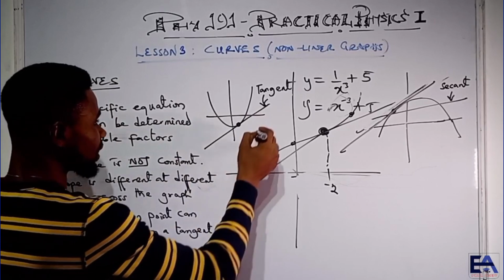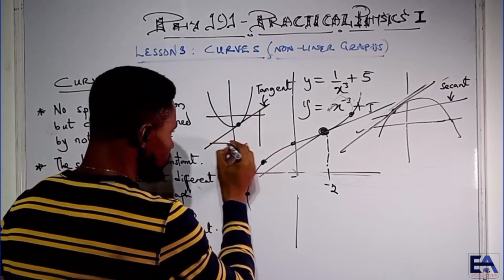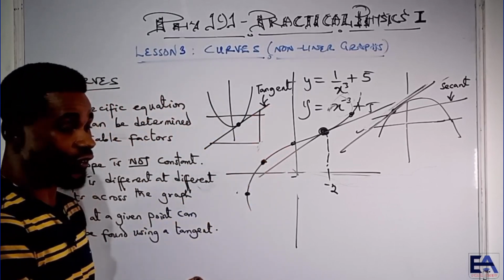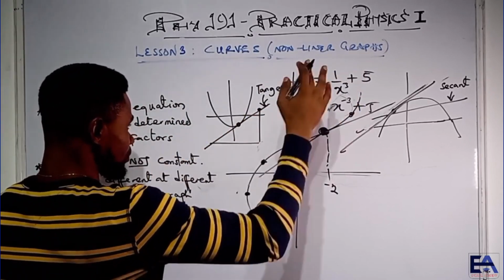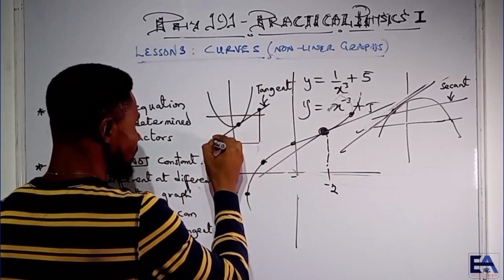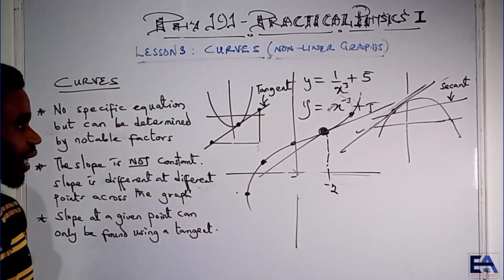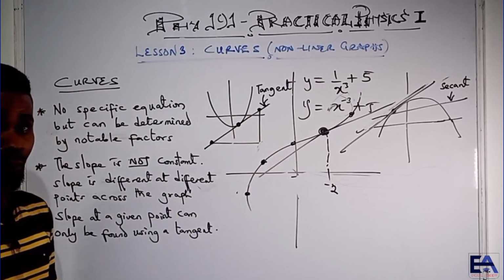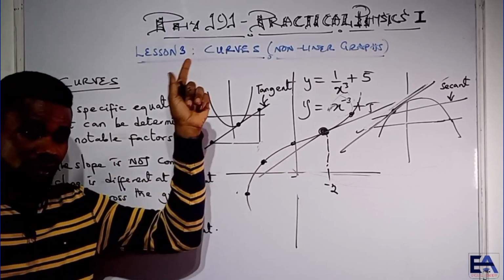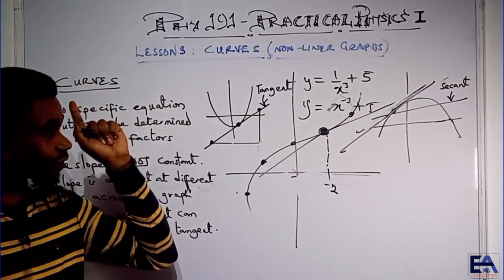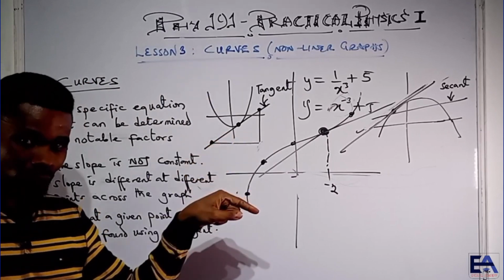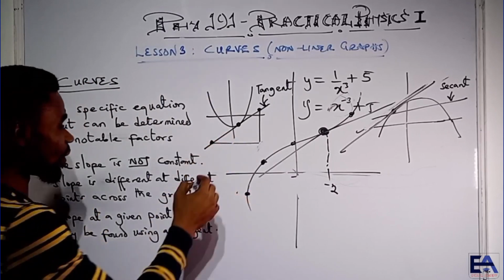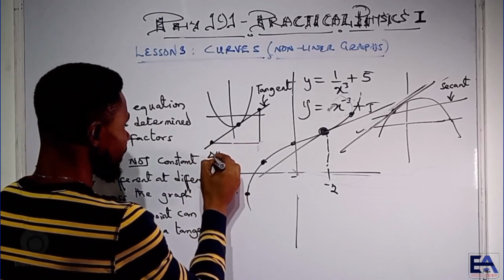We are going to find the slope of this tangent using the normal way of finding slopes, which means try to extend the line as much as you can and pick any 2 points across the line, the same way you did in trying to find the gradient of a straight line. We are going to find the gradient of this tangent now, using change in y over what?